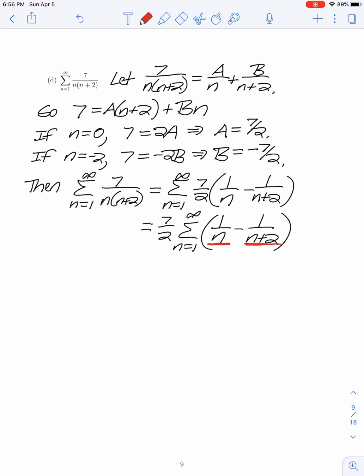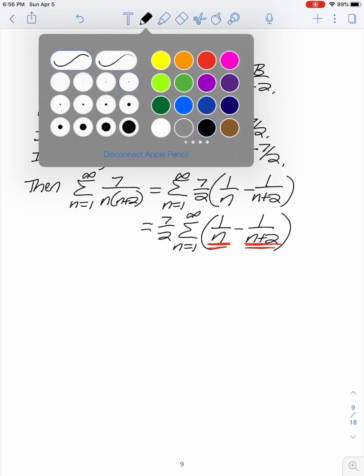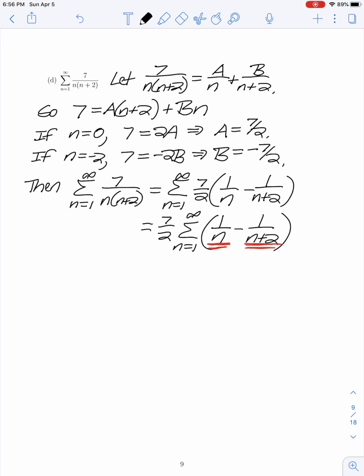So previously, all of the terms which were canceling each other were differing by 1 unit, say 1 over n minus 1 over n plus 1. Here we have 1 over n minus 1 over n plus 2. They're a little further apart in the terms that are going to cancel each other. So we've got to be a little bit careful here when we think about our nth partial sum. Let's go ahead and write it out.